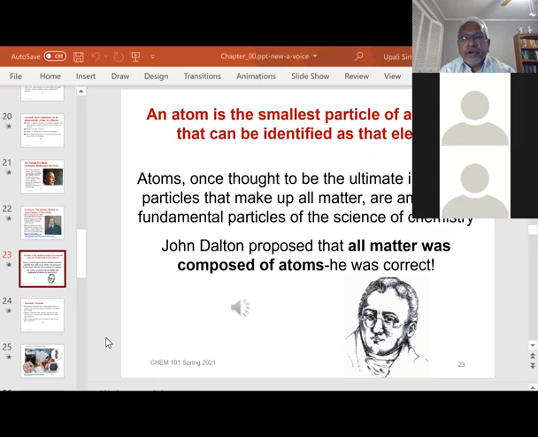An atom is the smallest particle of an element that can be identified as the element. He defined the element: an element is a pure substance which consists of 1 kind of atom, like hydrogen or copper. All matter is composed of atoms. Dalton proposed that idea correctly.